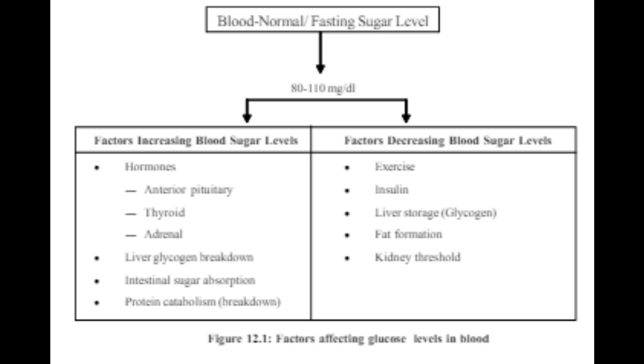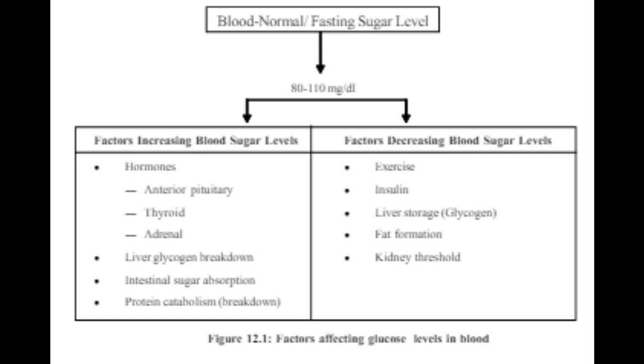Diabetes due to factors other than insulin is known as secondary diabetes. We can conclude therefore that the etiology of diabetes is multifactorial. The most common form of diabetes of course is primary diabetes.